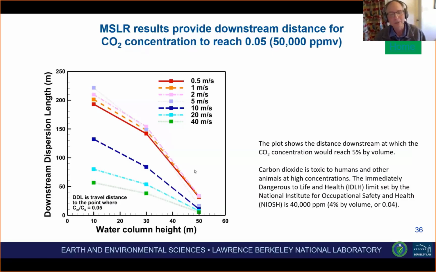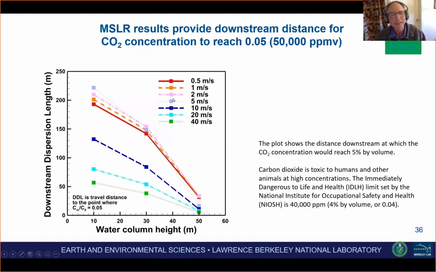Let's look at some. This is as a function now of wind speed, the different color curves here. So let's look first at a very slow wind, again multiply by 2.2 if you want to get miles per hour. A 0.5 meter per second wind speed has a downstream dispersion length of this value for the 10-meter case, and this value for the 30-meter case.